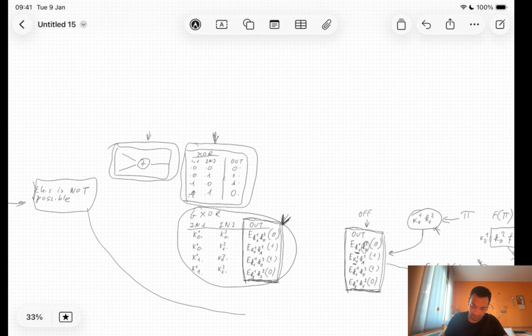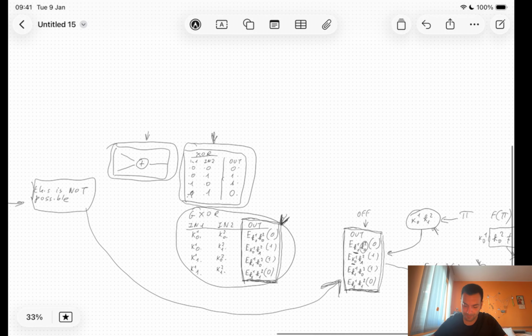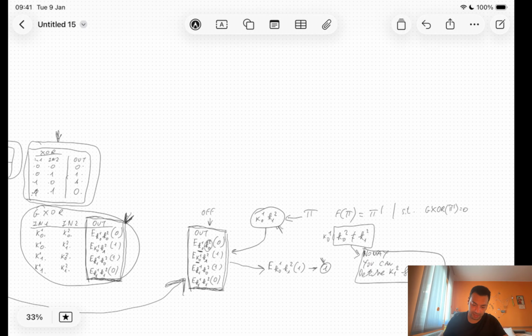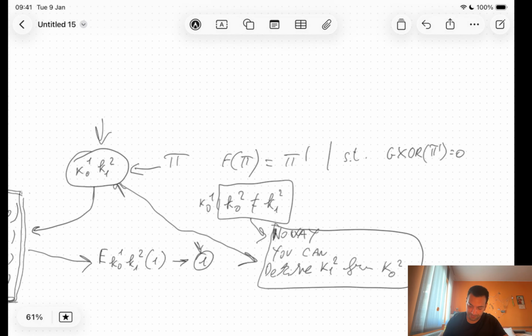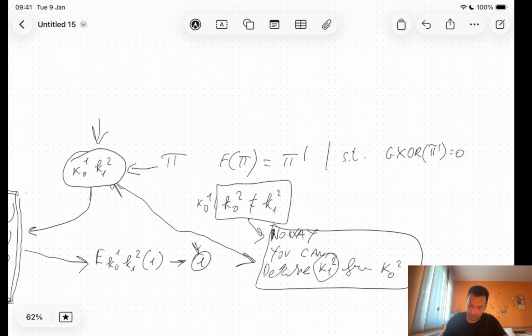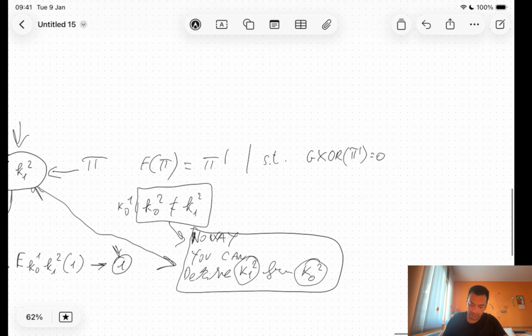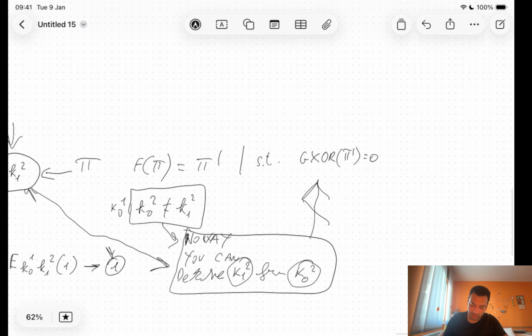Because if you look at how the actual garbled circuit works, it works like this, and the proof pi would be this. And for this reason, since you cannot derive another k from the first k, you cannot do this. This is impossible because of this. Hope it's clear.